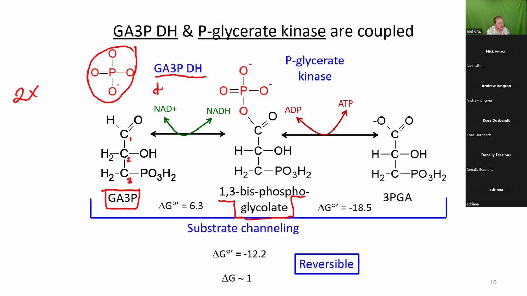This is a dehydrogenase. That term dehydrogenase is pretty synonymous with enzymes that are involved in oxidation and reduction. So anytime I say we're working with a dehydrogenase, I want you to think, that is going to catalyze a reaction where there's oxidation and reduction.